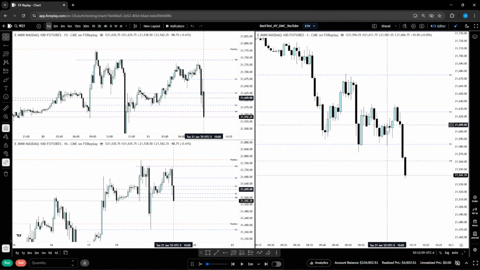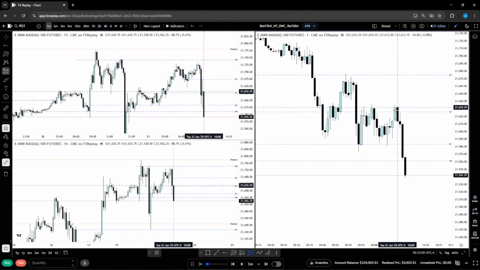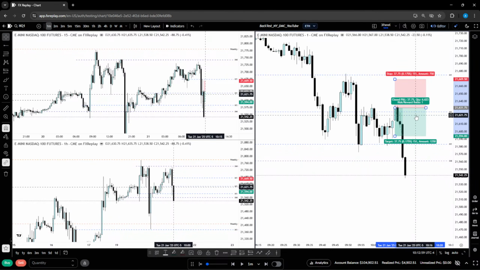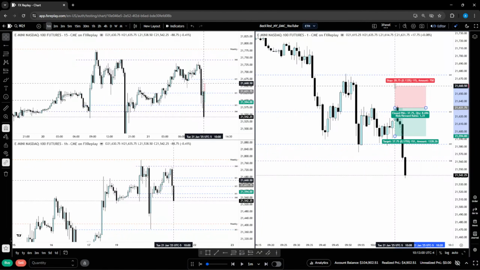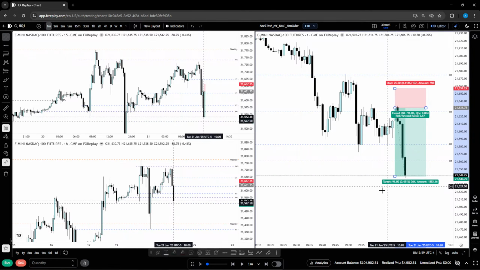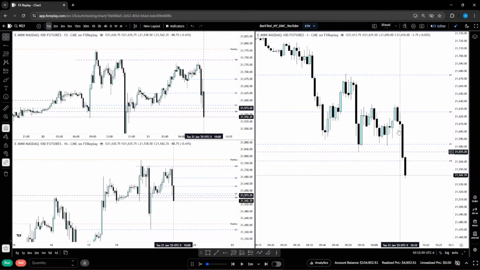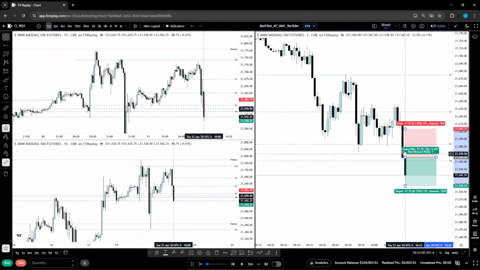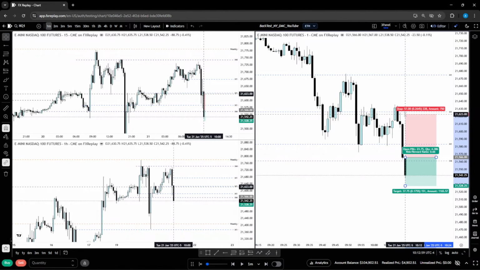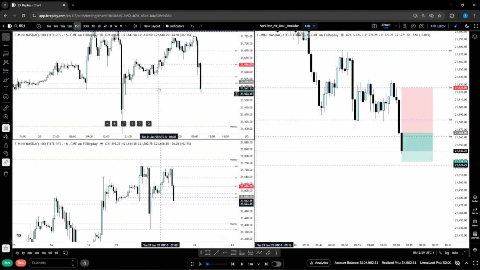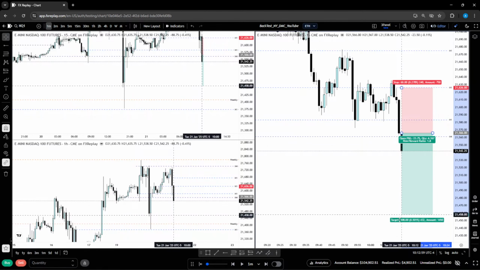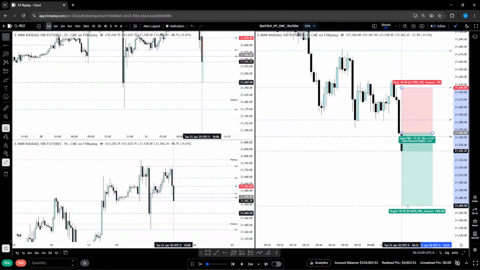But if it was a little bit lower than this one, then I would have gone short. It's still go. A little bit of wider stop loss. Go for 1 to 1.5 maybe.